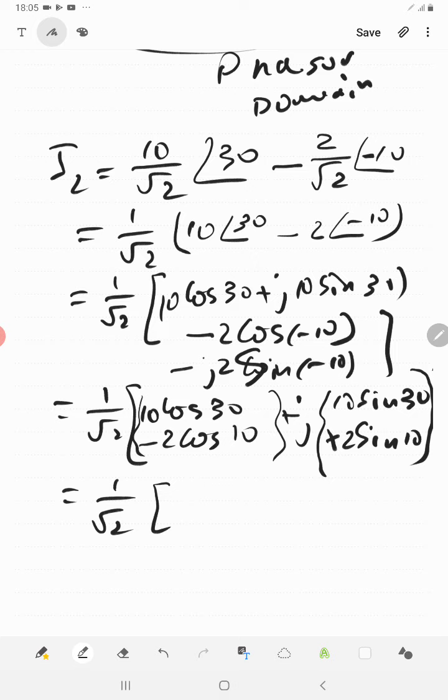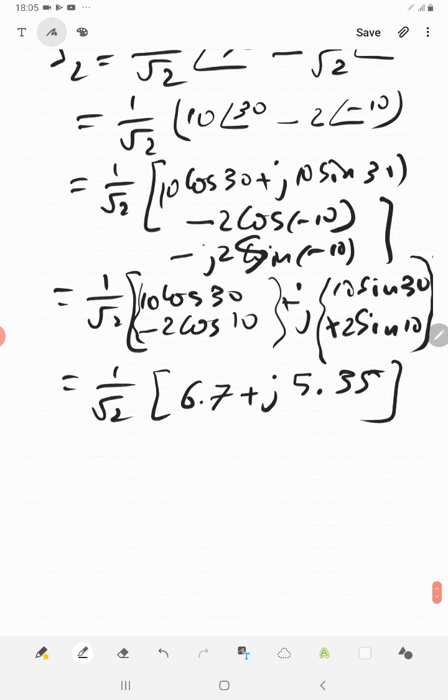So I1 minus I2, if you do it, what I got is approximately 6.7 plus j 5.35, without dividing by root 2. Now this is equal to 1 over root 2 times that.